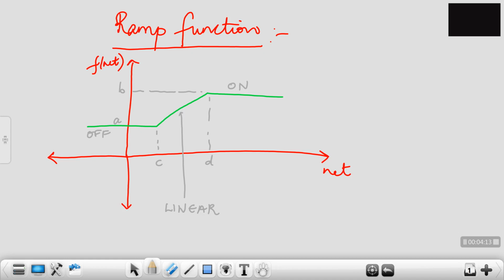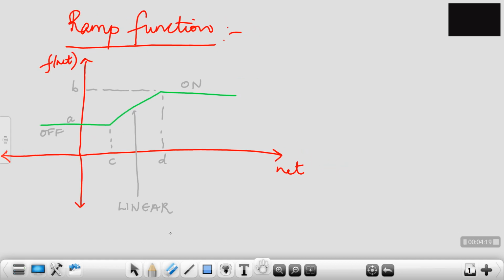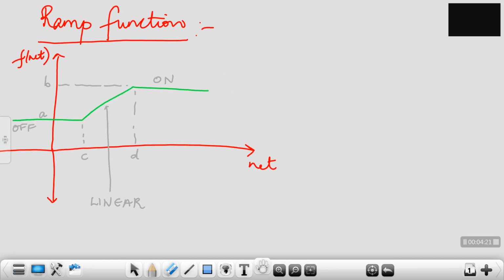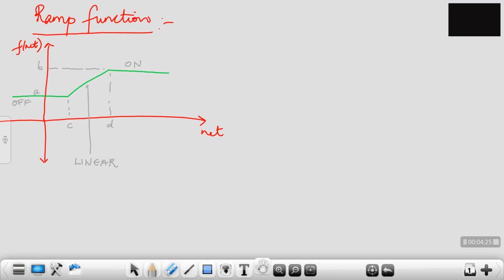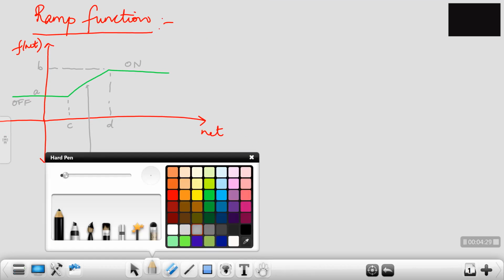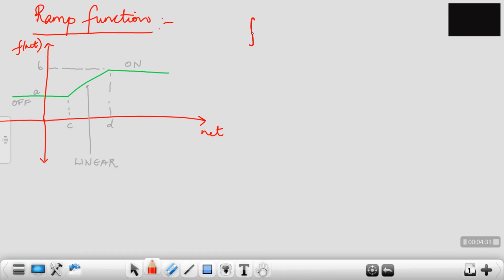In that case, we have to find out the value of f of net. If we look at this function, can you tell me what will be the equation of f of net? We can write f of net is equal to A, and f of net is equal to B. When is f of net equal to A?